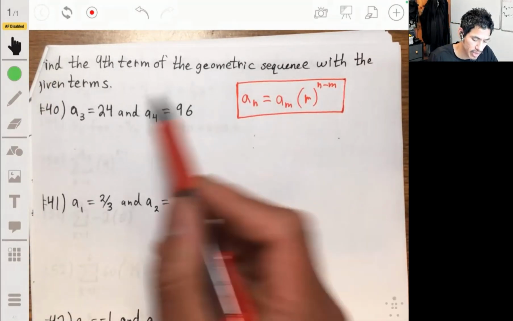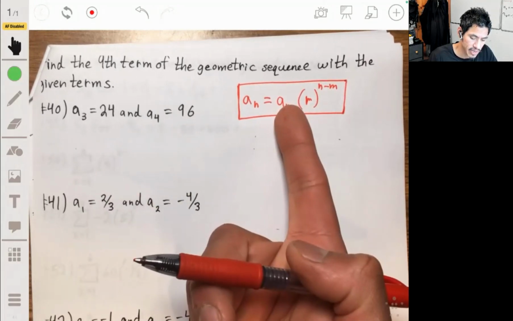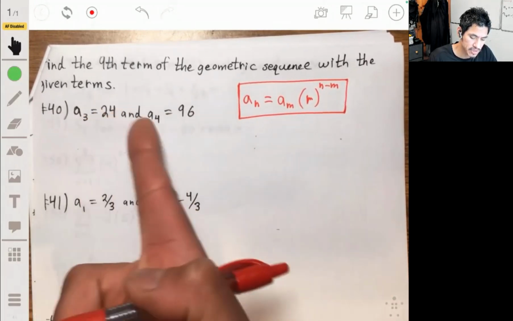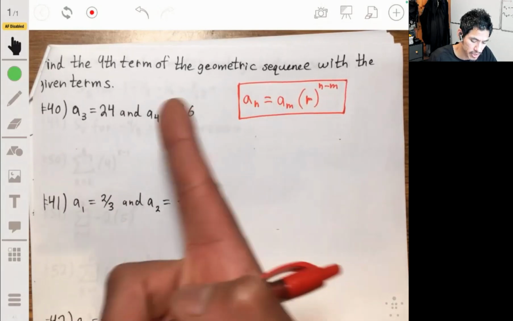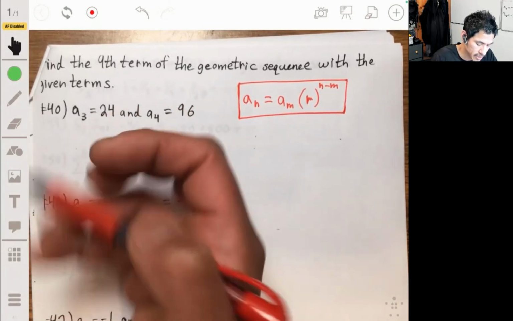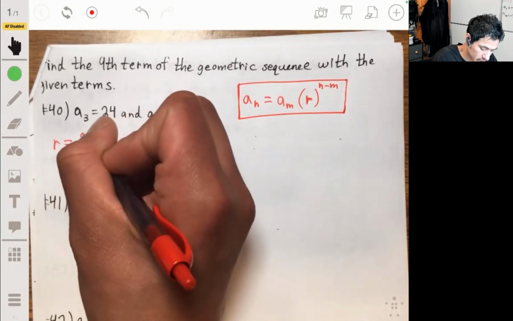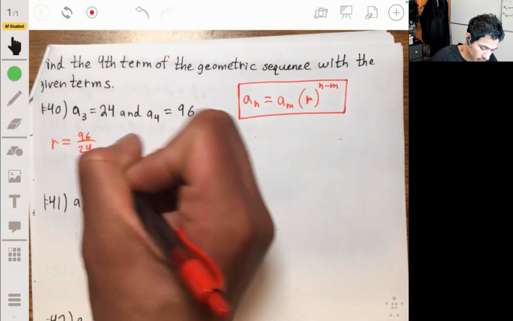Because even though we don't know a1, we can just find the nth term by using any other terms. So for example, our common ratio here will be 96 over 24, which will be 4.